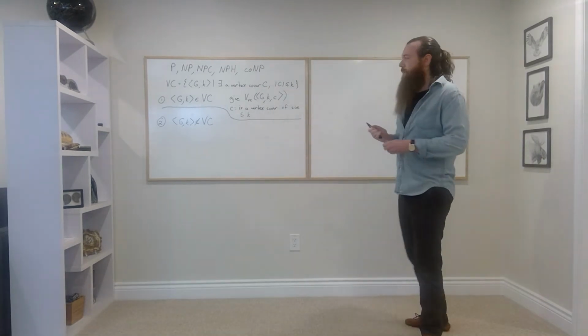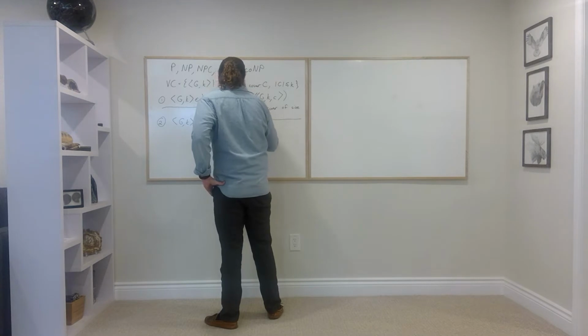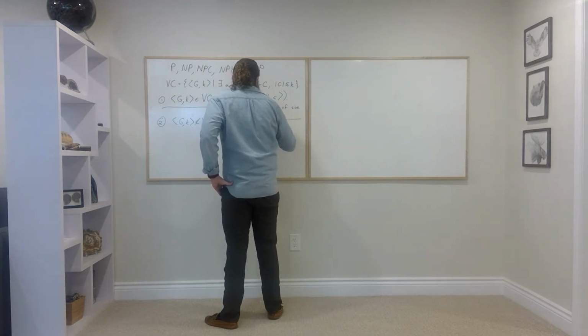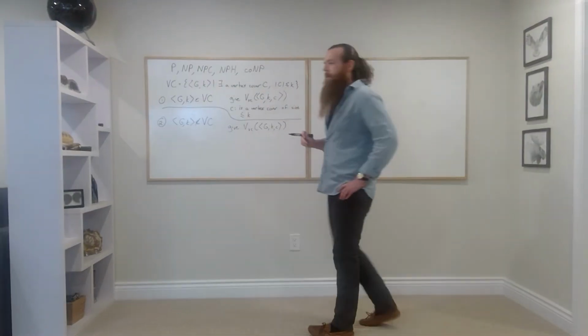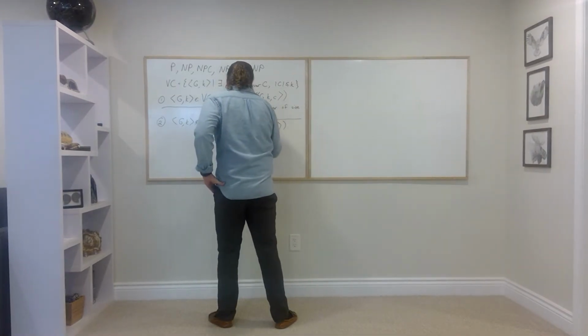Well, let's think about that. So maybe I give my verifier some C. Maybe C is not a vertex cover. Case 1, maybe C is not a vertex cover.